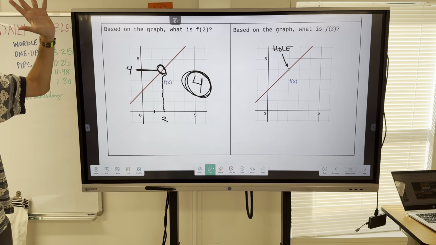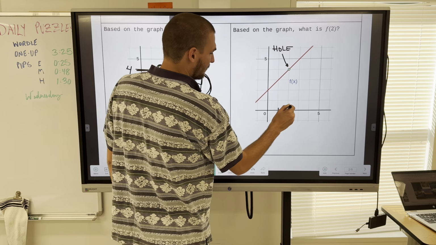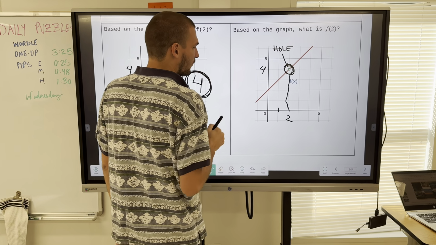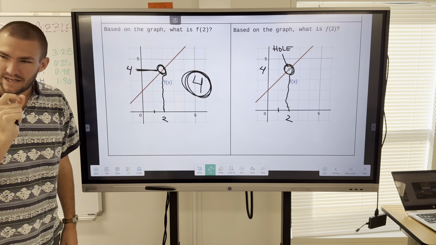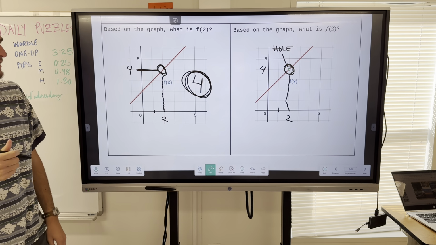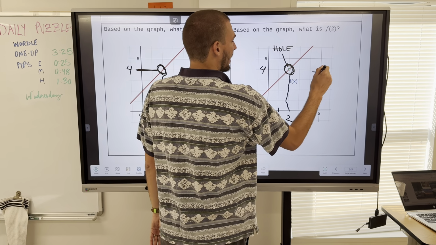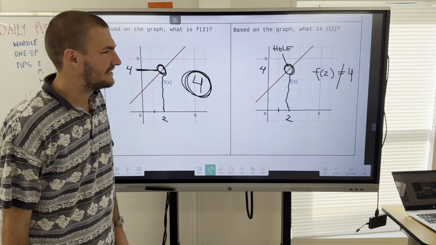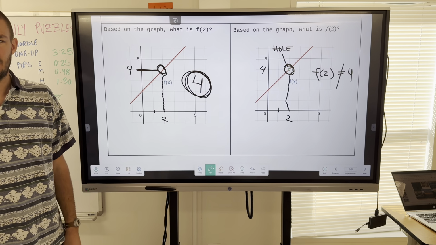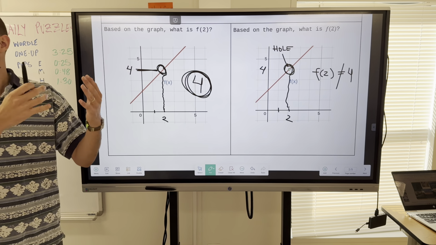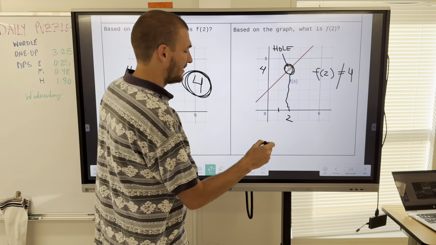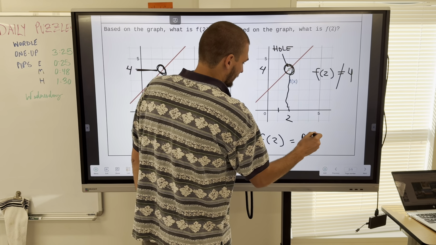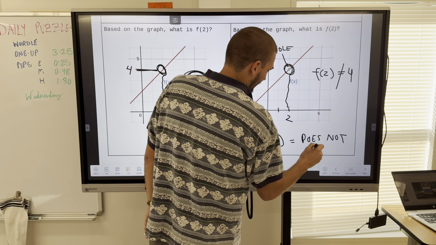Just like the table, even though we can say 1, 2, and look right here, it's at 4, that empty hole, that empty little piece there is telling us f of 2 is not 4. In fact, as far as the information that we are given, f of 2 does not exist.